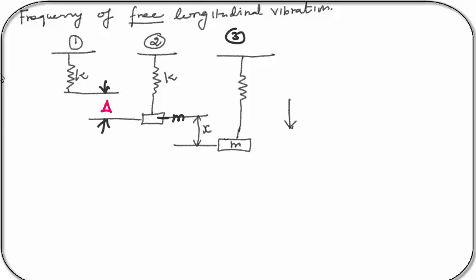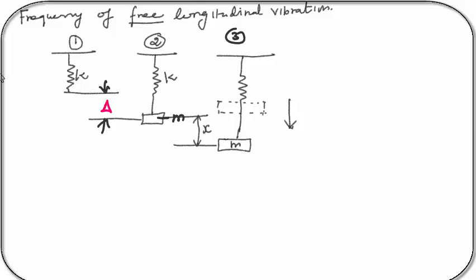Once I release the system, it moves in the upward direction, then again downwards, and the motion continues as long as energy is not lost. Once all the energy is lost, it will come back to the equilibrium position. By using these three conditions, we are going to find the frequency of the free longitudinal vibration.